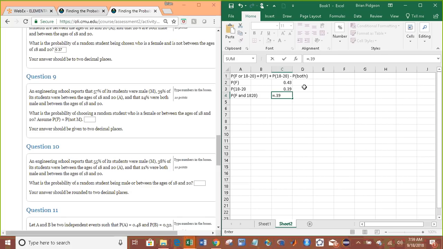Out of all the students, there's a 39% chance of being 18 to 20, male or female. So if we want the probability of being female and between the ages of 18 and 20, we just have to take that probability and subtract away their intersection. So that's 0.24. Subtract away the probability of being male and 18 to 20, and now you get the probability of being female and 18 to 20. So that tells us then to find our probability, we're just going to do 0.43 plus the probability of 18 to 20 and subtract their intersection, 0.67.